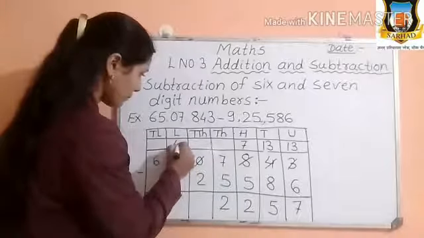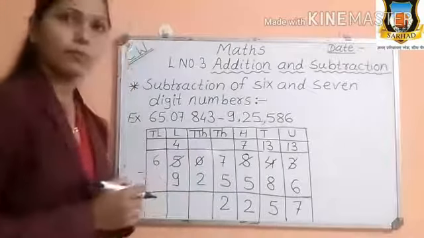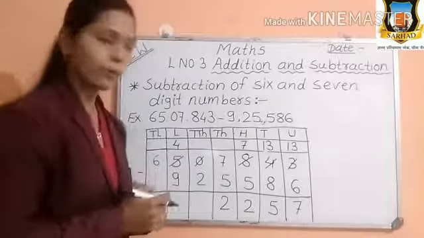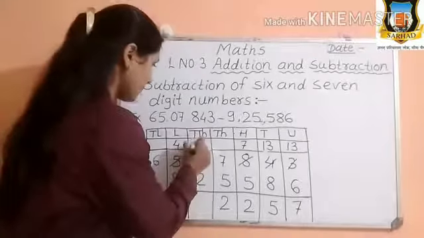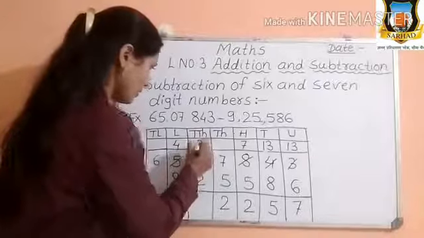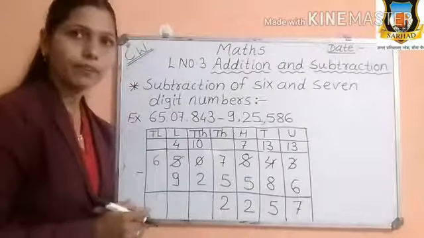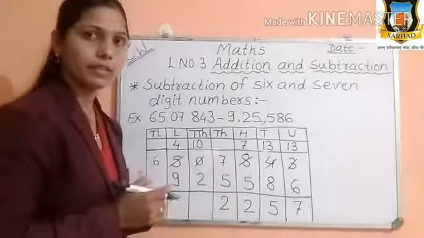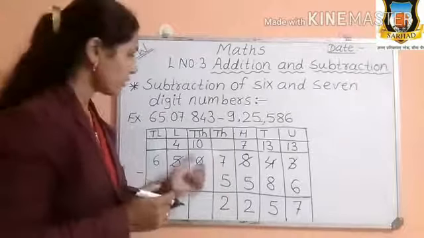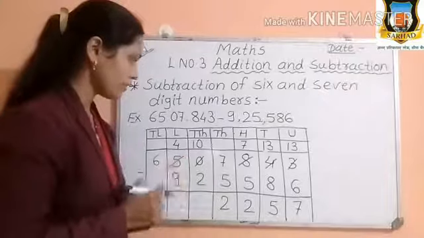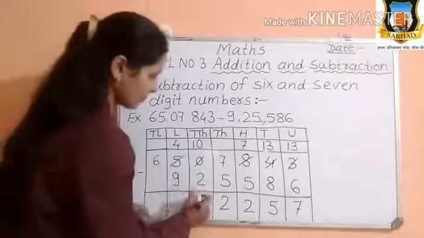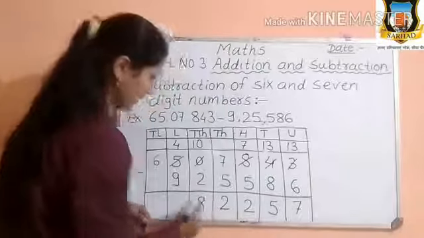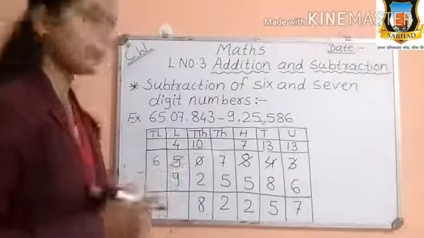When we take a borrow from the next place, that is from 5, 4 will remain, and 1 comes here, and then 0 becomes 10. So here 10 minus 2 is 8.